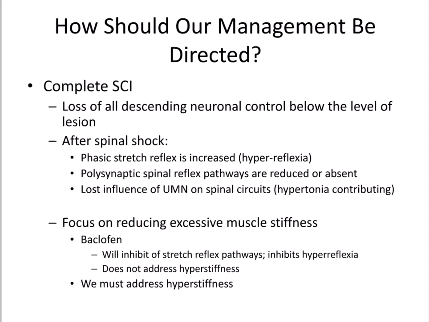We focus on reducing muscle stiffness in this case, and this is done by baclofen, which will inhibit the stretch reflex pathways and the hyperreflexia, but baclofen won't touch the hyperstiffness at the level of the muscle. In this case, we would definitely work on stretching the muscle to decrease the level of stiffness.